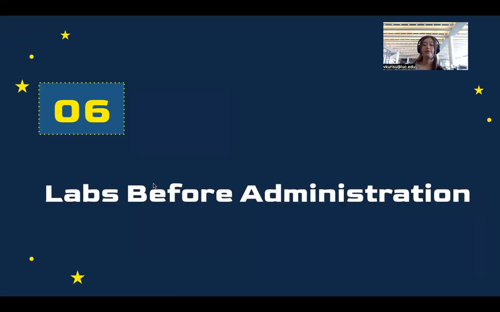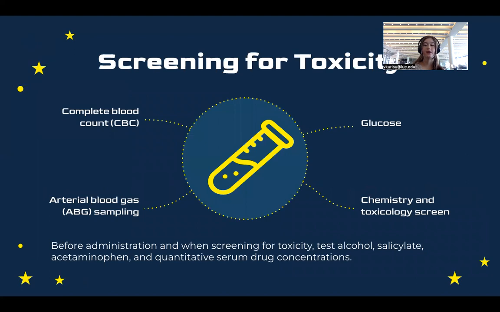Then the labs you should check before administration. I have a diagram here. It's when you take the blood in the hospital. Before, you should collect the complete blood count, look at all the different levels. You could also do arterial blood flow sampling, check your glucose level, and do a chemistry and toxicology screening.